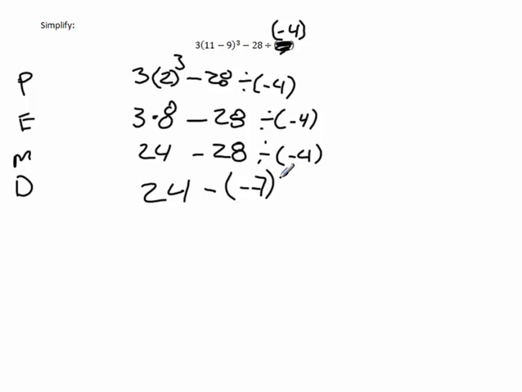Yes, I'm right. It's negative 7. And 24 minus a negative is going to be plus. So then we get to our addition. Now this is plus a positive, so 24 plus 7 gives us 31. If there were any more subtraction to be done, then we would handle our subtraction at the end. But we finished, and we got our single answer of 31.